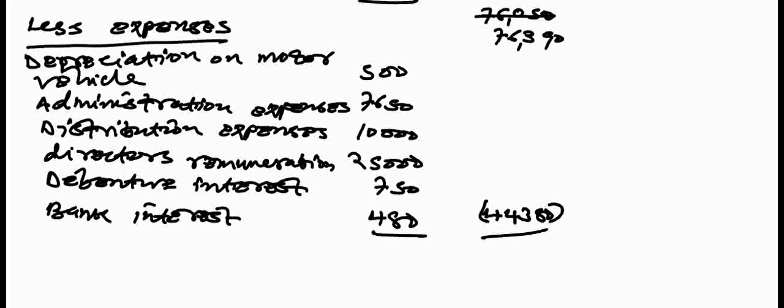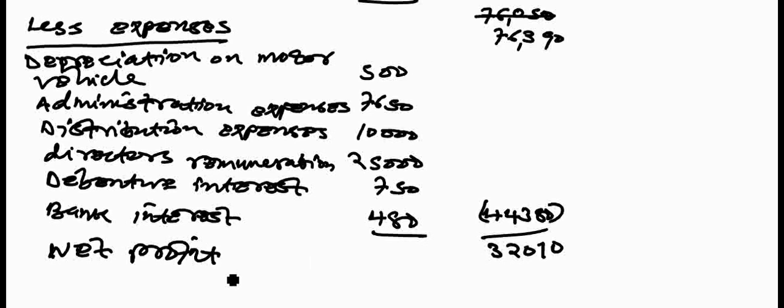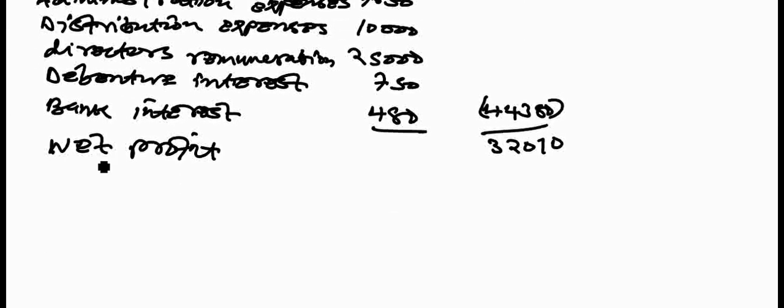Thank you, 32,010. So 32,010, hiyo tutaita net profit. After profit, the next thing ni less tax. So next tunasema less income tax ama corporation tax.